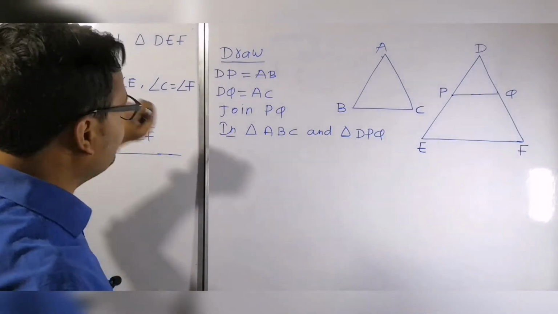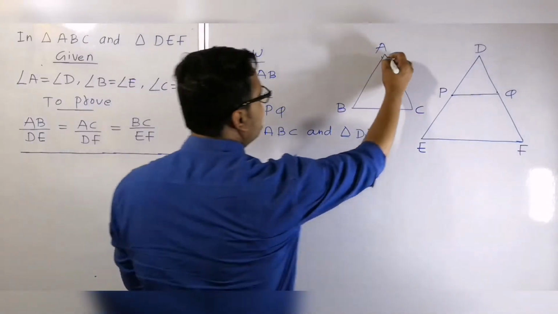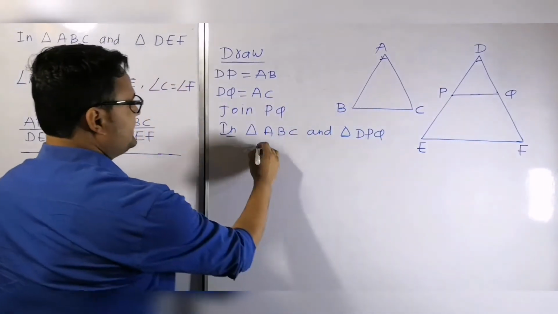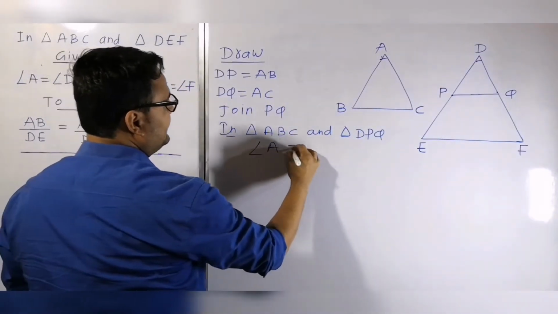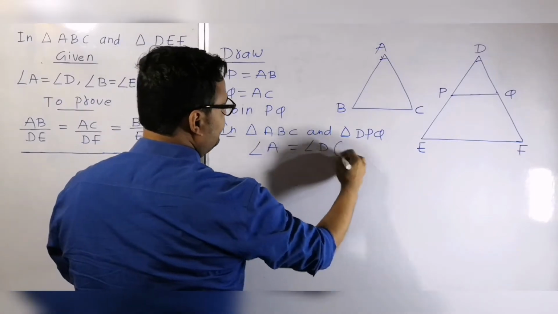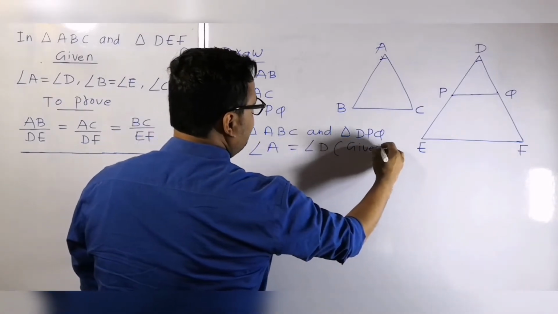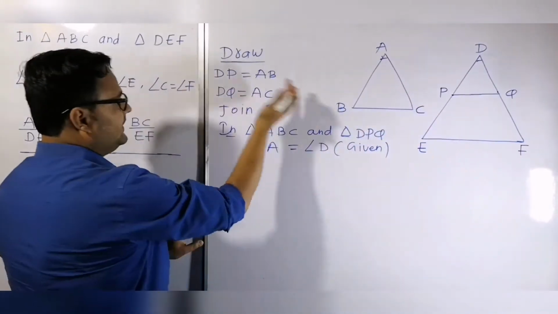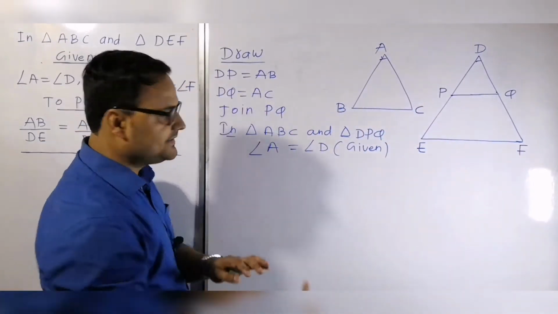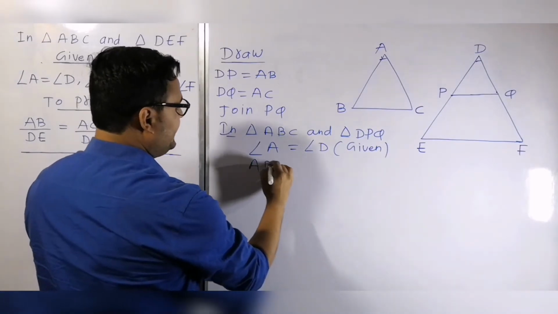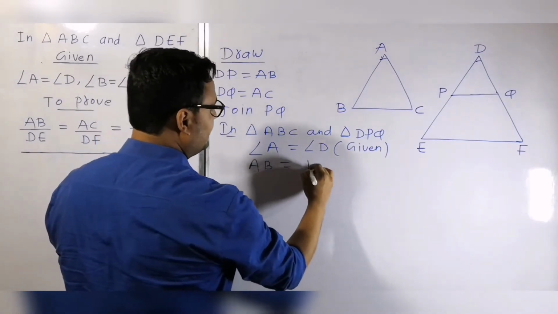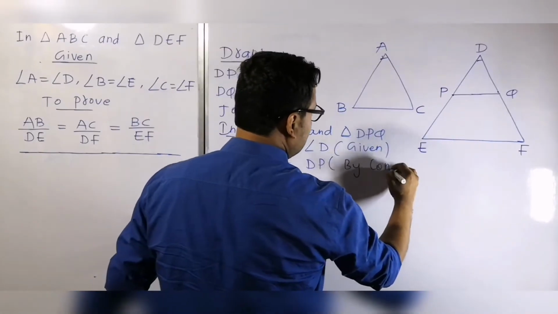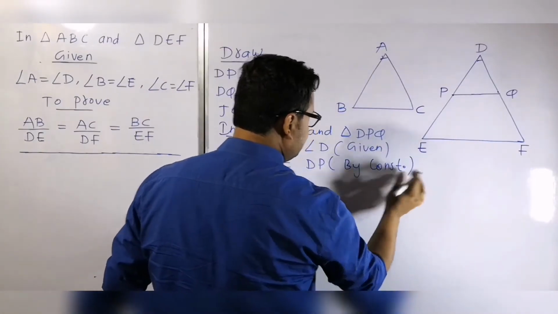Angle A equal angle D, that is already given. Now AB and DP, they are equal. How? By construction. AB equal DP, and this is by construction.